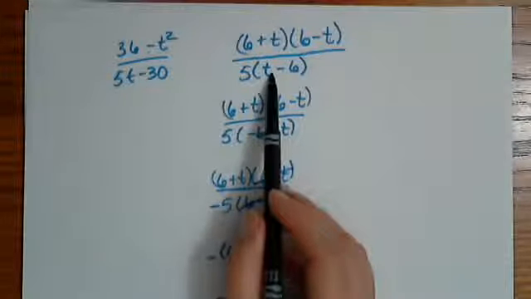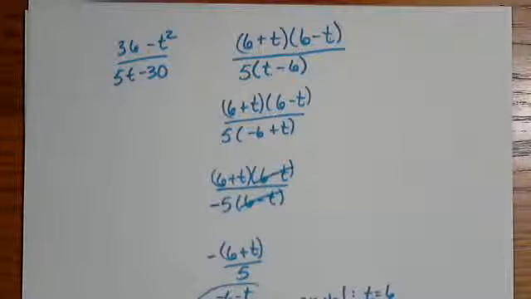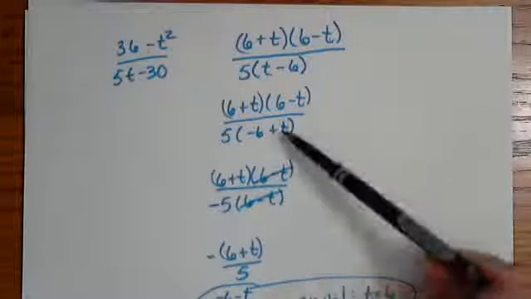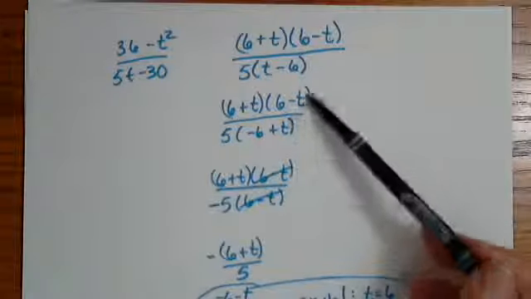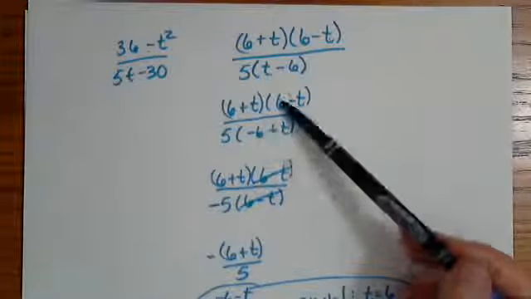The whole thing will be 0. So I say my excluded value is t equals 6. And this is my entire answer. Now, this is a little bit tricky to look for, but you should see right here that we have a negative t and a positive t, and a negative 6 with a positive 6.